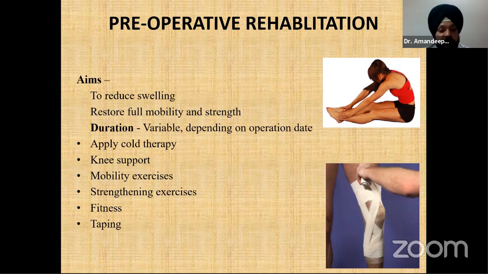Strengthening exercises can be given to the ipsilateral side. Then fitness training, and taping we can use so that the patient can move for his activities of daily living till the day of surgery.